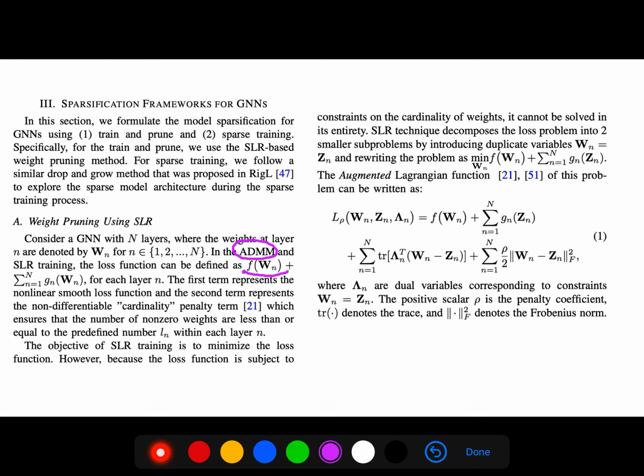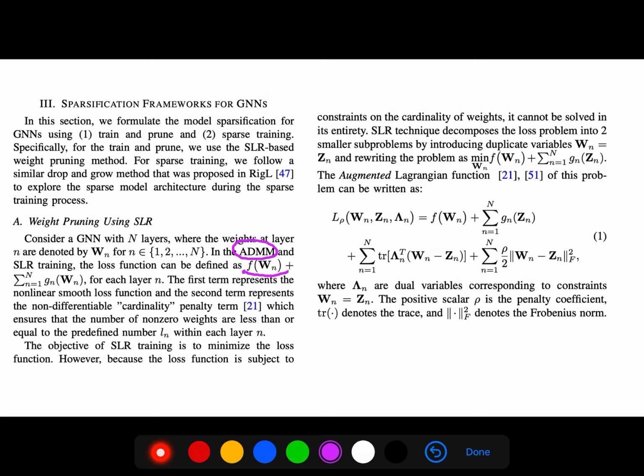The objective is to minimize the loss function. However, because the loss function is subject to constraints on the cardinality of weights, it cannot be solved in its entirety. So SLR techniques decompose the problem into two smaller subproblems by introducing duplicate variables.